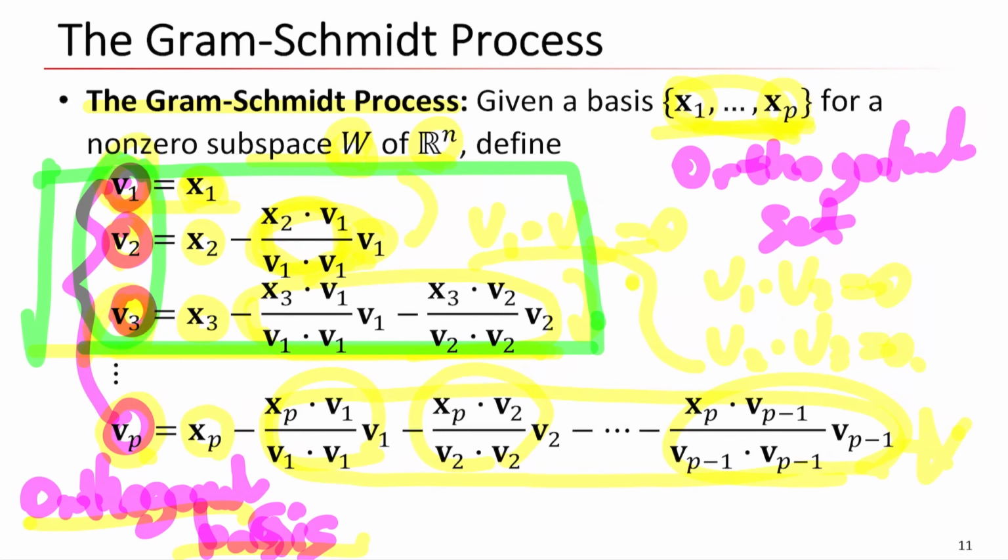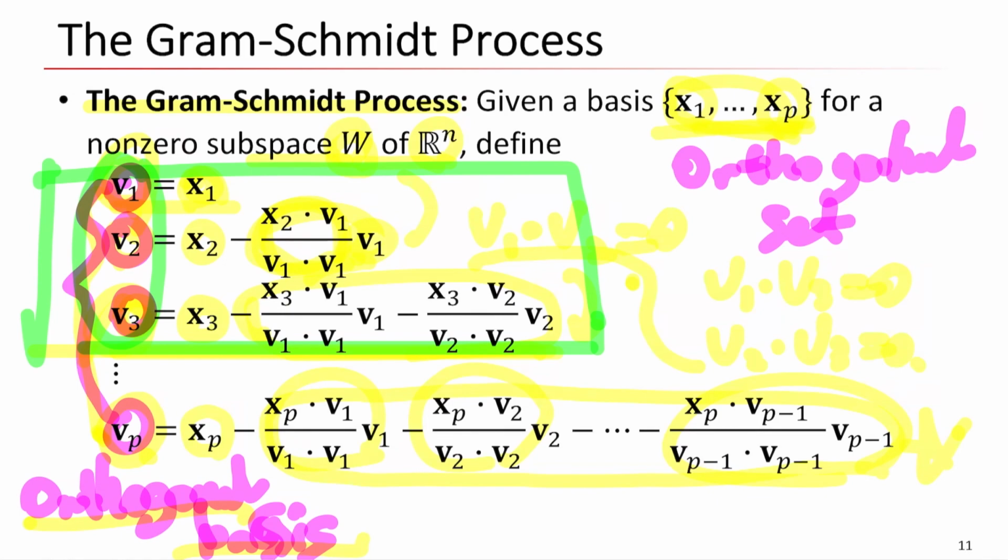And what is the V3? V3 can be computed by x3 minus the orthogonal projection of x3 onto the W2 space, which is spanned by V1 and V2, right? So this is kind of a recursive process, right? We can extend this concept until Vp, right? So in this case, V1, V2, V3, and Vp will be the orthogonal set for the subspace W, right?